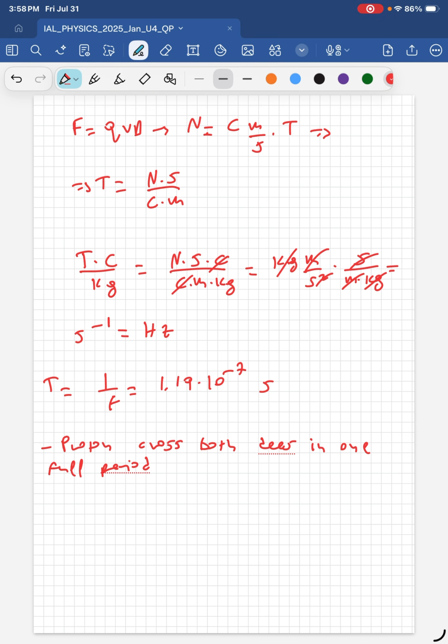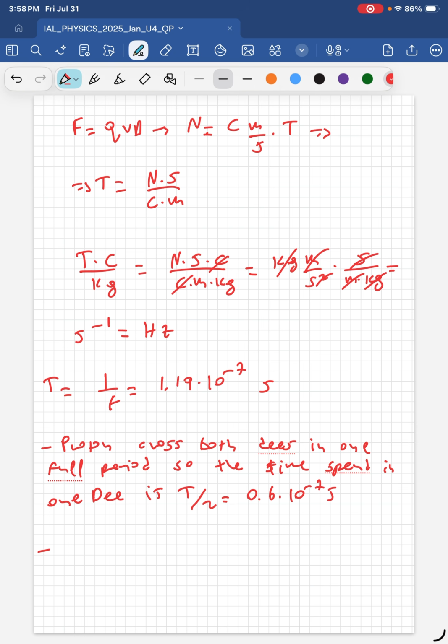So the time spent in 1D is period over 2, or 0.6 times 10 to the negative 7 seconds.